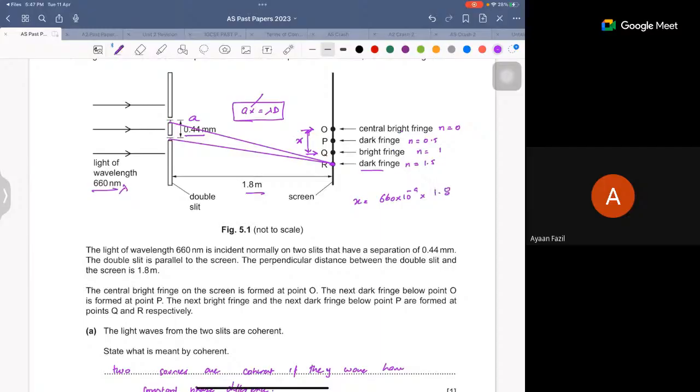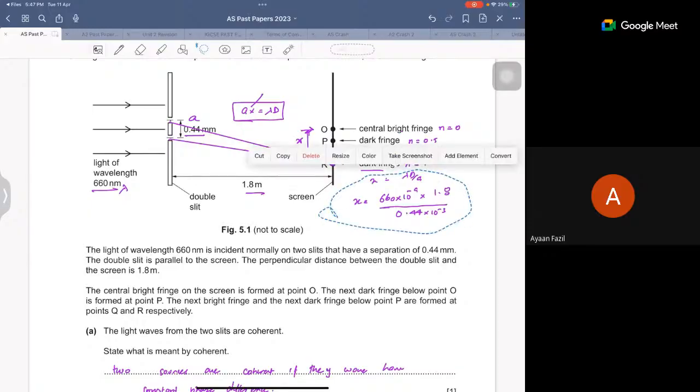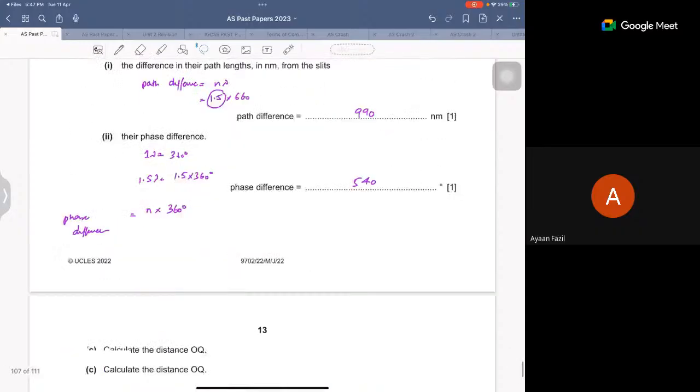Distance D is 1.8, divided by a, which is 0.44 times 10 raised to minus 3. So x equals lambda D over a. Do remember this formula, and it will always help you solve everything they give you.